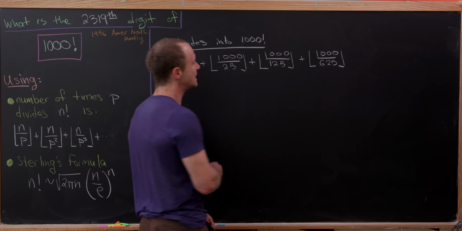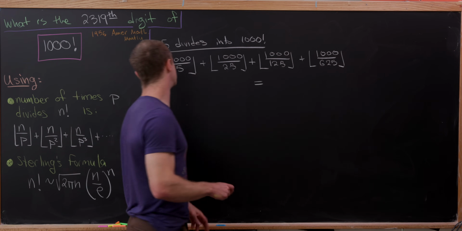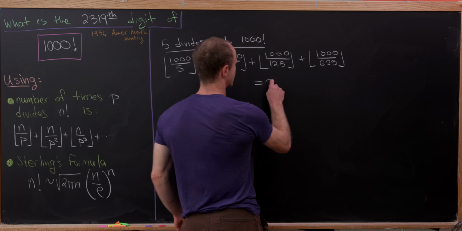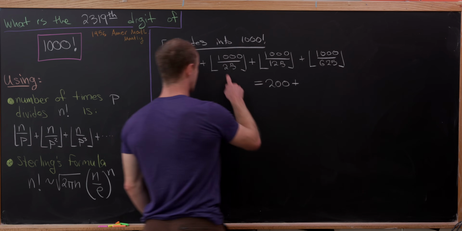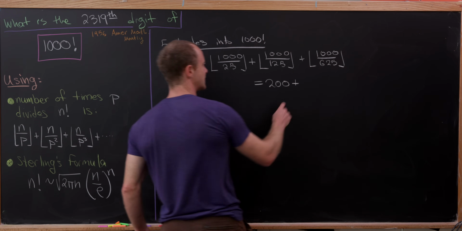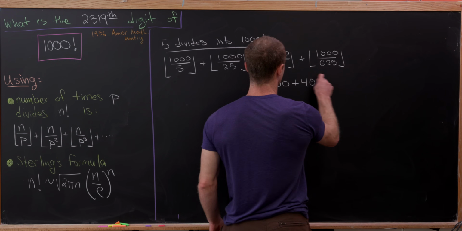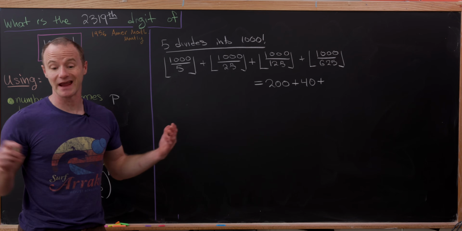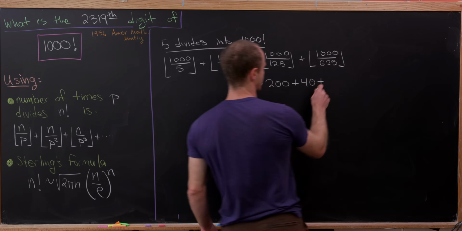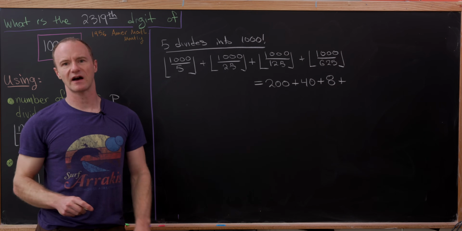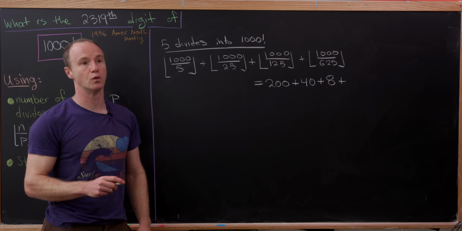Okay, so anyway, now let's write this down. 1,000 divided by 5 is pretty clearly equal to 200. We don't need the floor. Plus 1,000 divided by 25, that's pretty clearly equal to 40. 1,000 divided by 125 is equal to 8. We don't even need the floor there either. But then 1,000 divided by 625 is pretty clearly equal to 1.